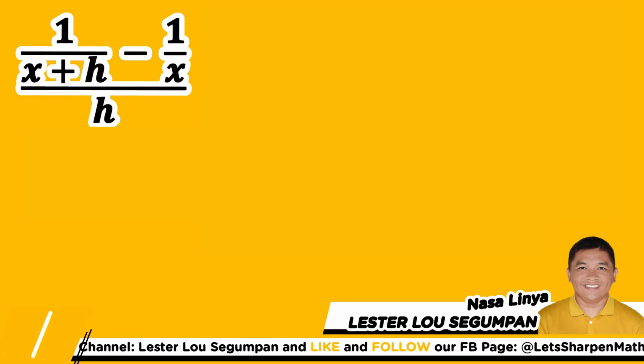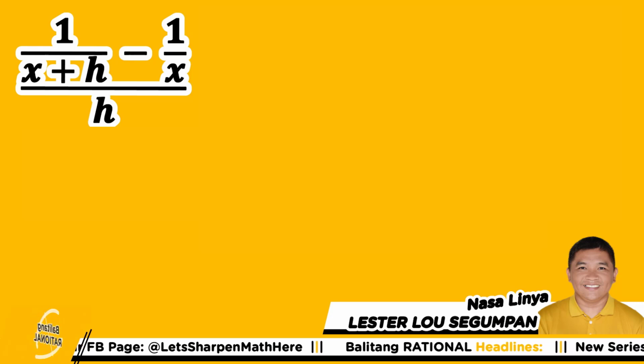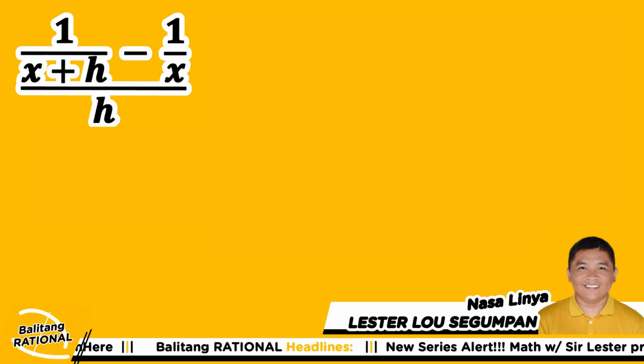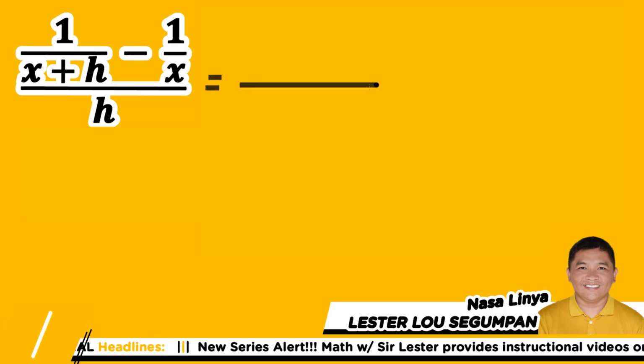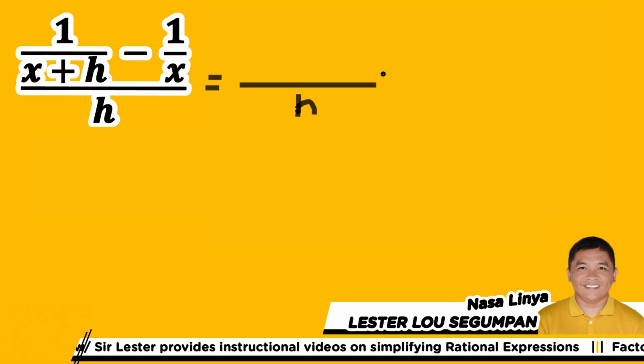Huwag po natin kalimutan yung mga dapat na gagawin whenever we are going to subtract rational expressions that work like fractions. Now here, when you look at our numerator, we still have all over h. We are going to simplify this mamaya once we can simplify na po ang ating numerator.